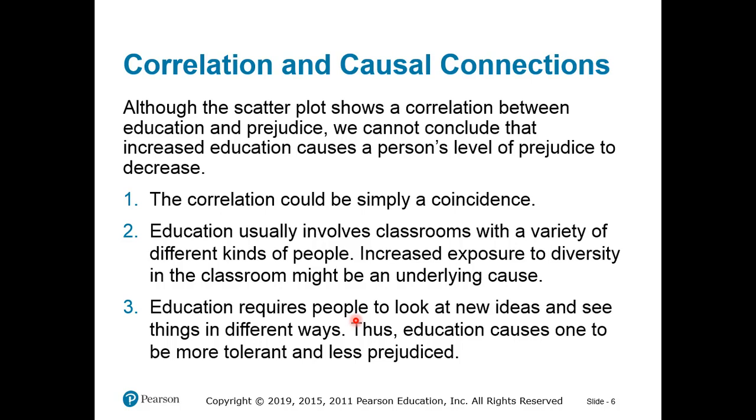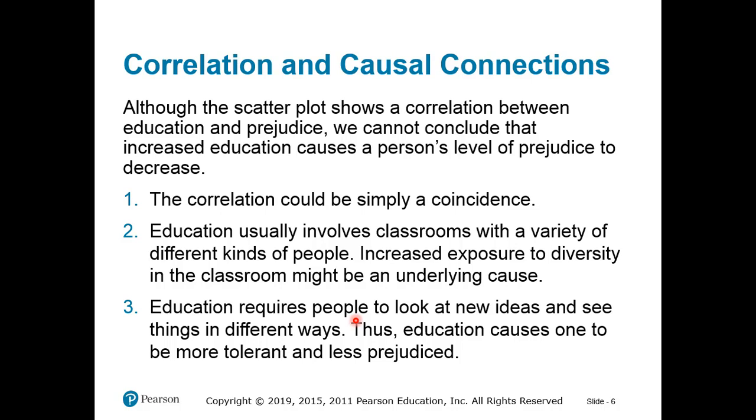Two, education usually involves classrooms with a variety of different kinds of people, so increased exposure to diversity in the classroom might be an underlying cause. There might be another cause that's causing the decrease in prejudice, so it might not be the education itself.